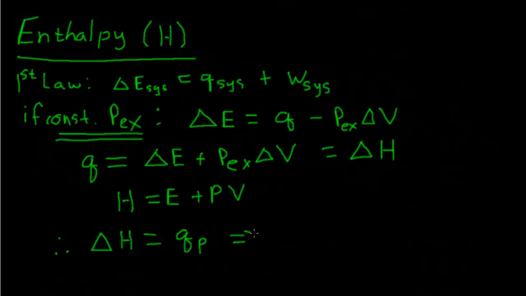Sometimes enthalpy is called the heat content, because it tells you the potential of your system to undergo some change and release or absorb a certain amount of heat. So delta H is sometimes called the heat content because it relates to how much heat can go into or out of something at constant pressure.